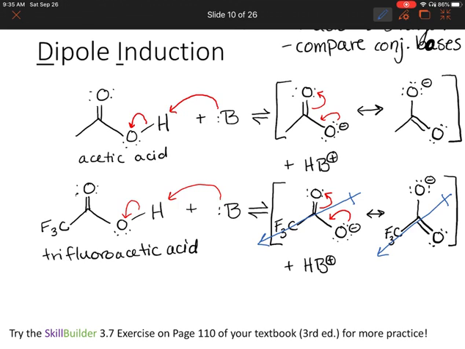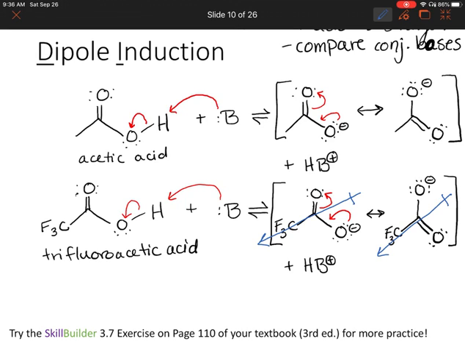So it is actually more stable, and that is due to that dipole induction or that pull of electrons. And remember, when we talked about resonance structures, we said that if an atom can share its negative charge with another atom, that will stabilize the molecule.